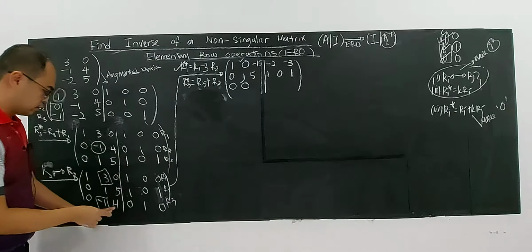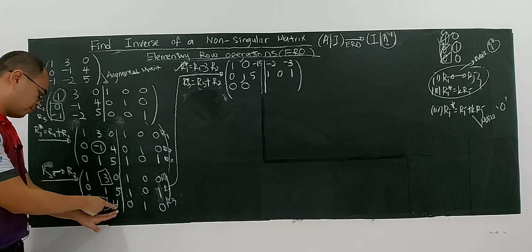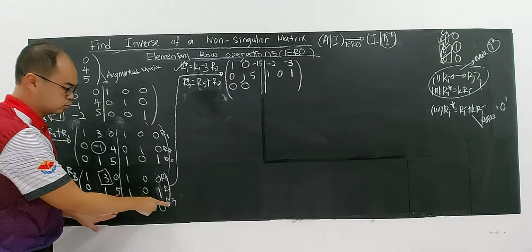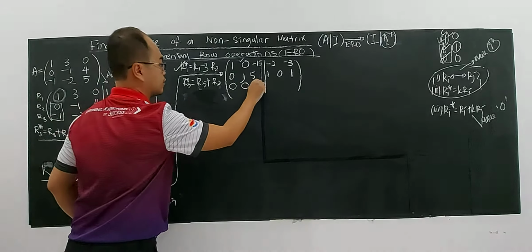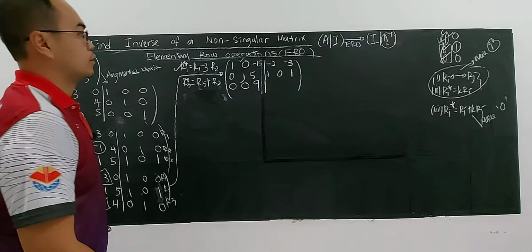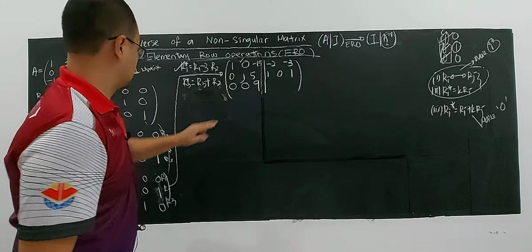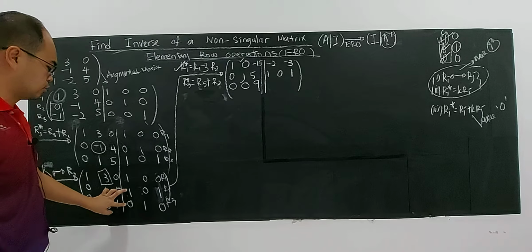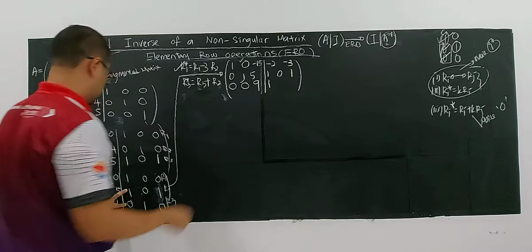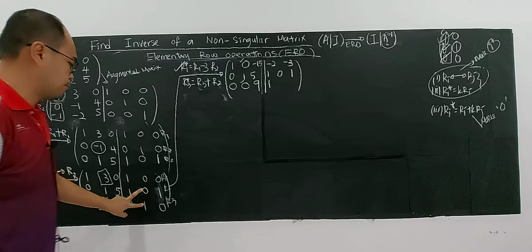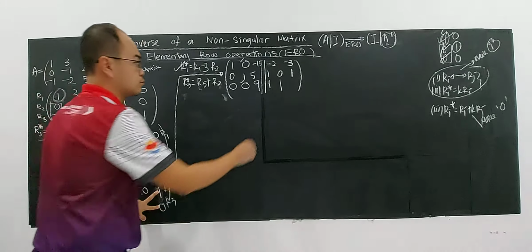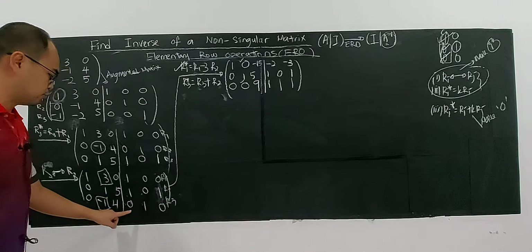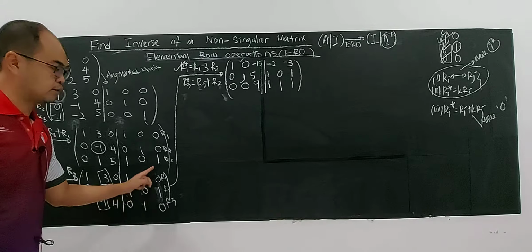So now for this, 4 plus 5, row 3 plus row 2. So 4 plus 5, you have 9, right? You have 9. So one by one, 0 plus 1, 0 plus 1, 1 plus 0, 0 plus 1, 1. You see carefully, 1, 1, 1.